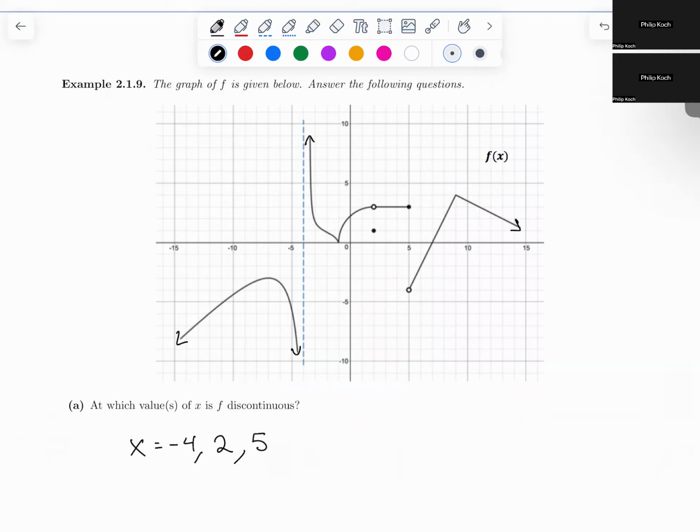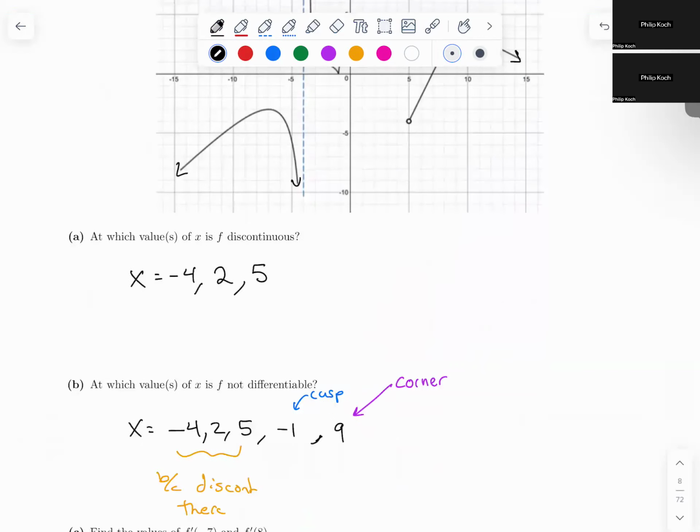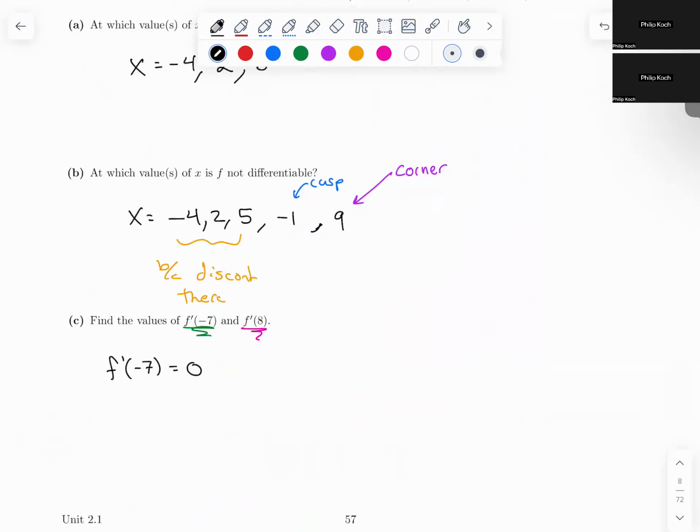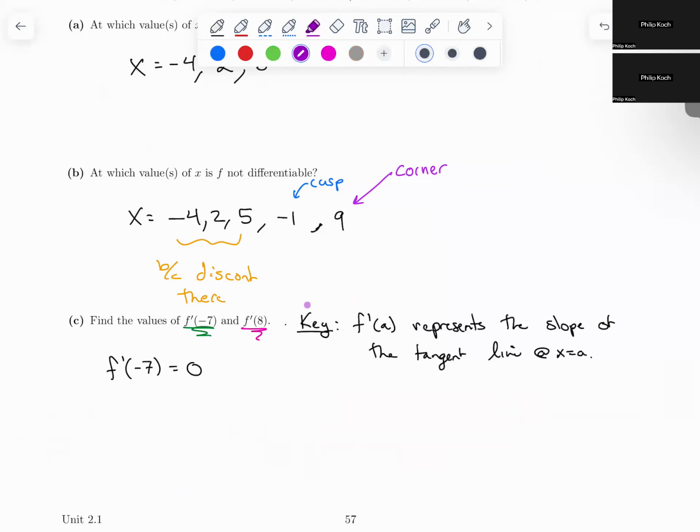Yes, Louis is absolutely correct. So remember, key: f prime of A represents the slope of the tangent line at x equals A. That's the key fact that we need to memorize, that we need to know.